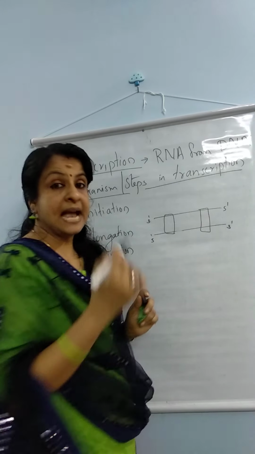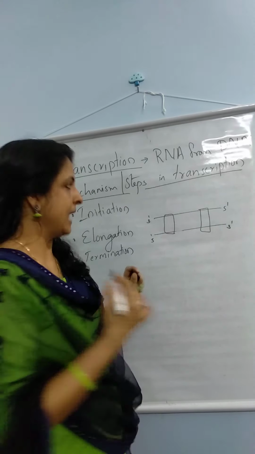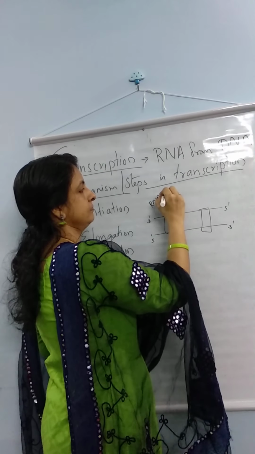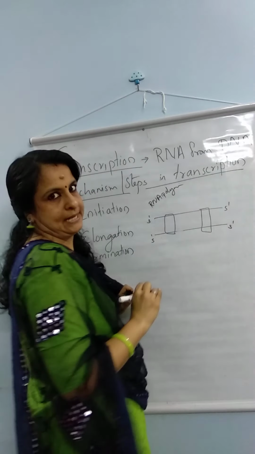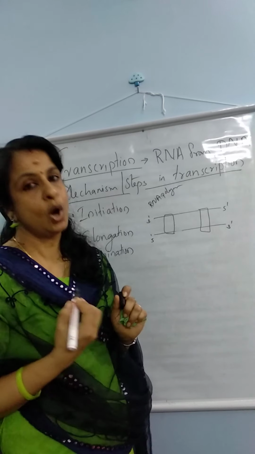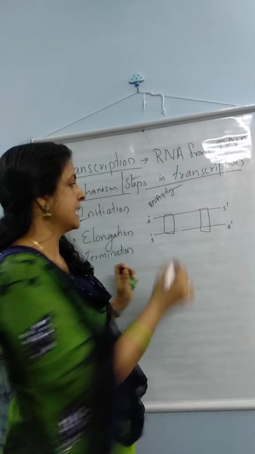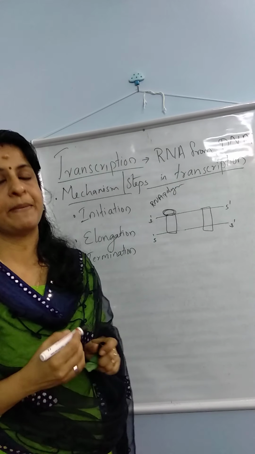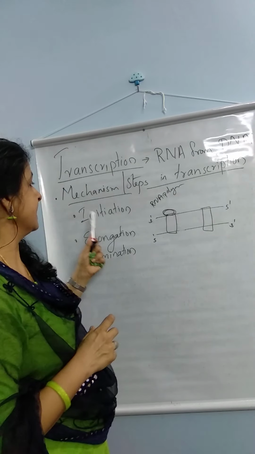Now, at the time of initiation, the RNA polymerase enzyme and some protein factors which are needed for transcription, called transcription factors, come and bind to this region. So that is the first step happening during transcription, that is initiation.